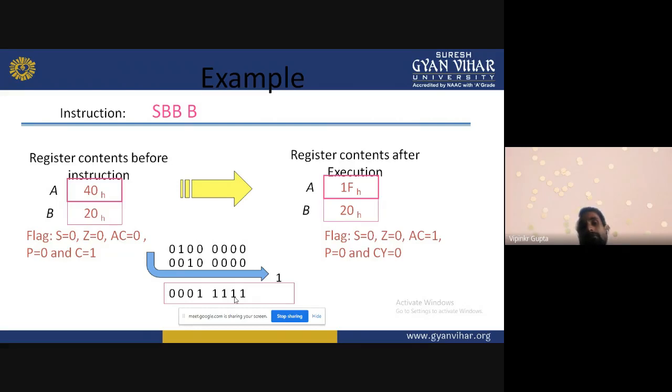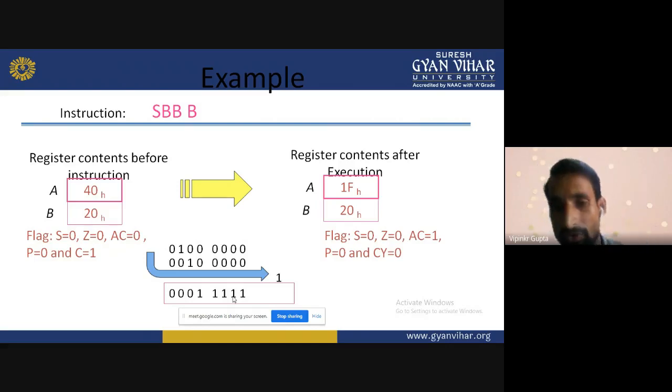Auxiliary carry. When D3 bit is taking the borrow, because when we are doing 0 minus 1, then we are taking 1 borrow here. So we are taking borrow from D3 bit to D2 bit. So its auxiliary carry is 1. Number of ones, parity: if it is even, then it's 1.